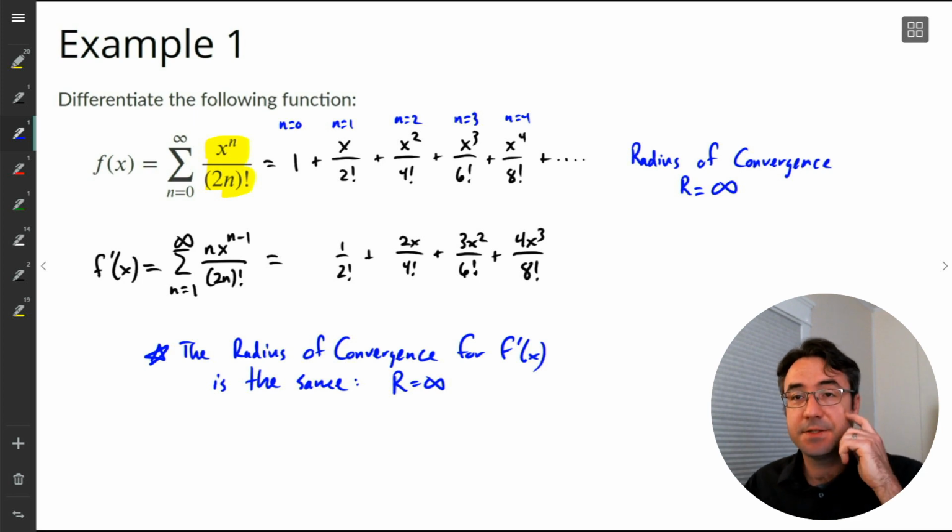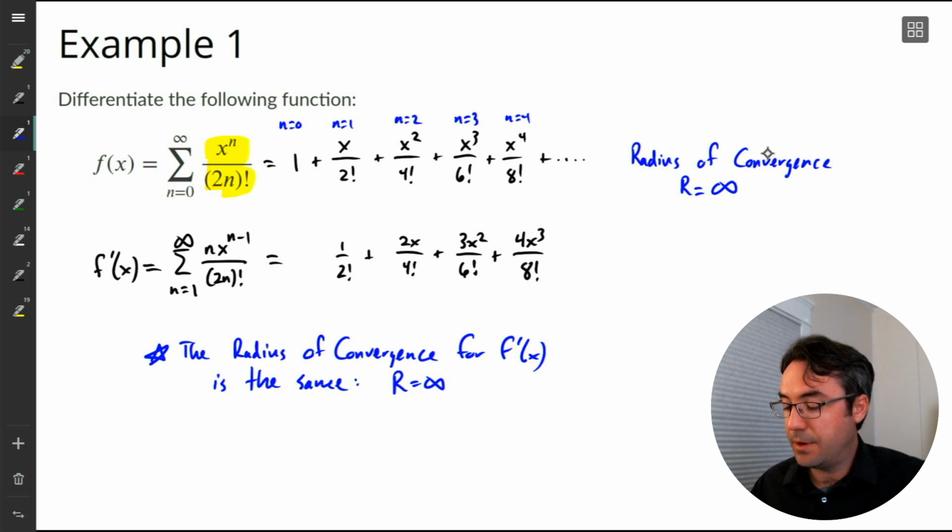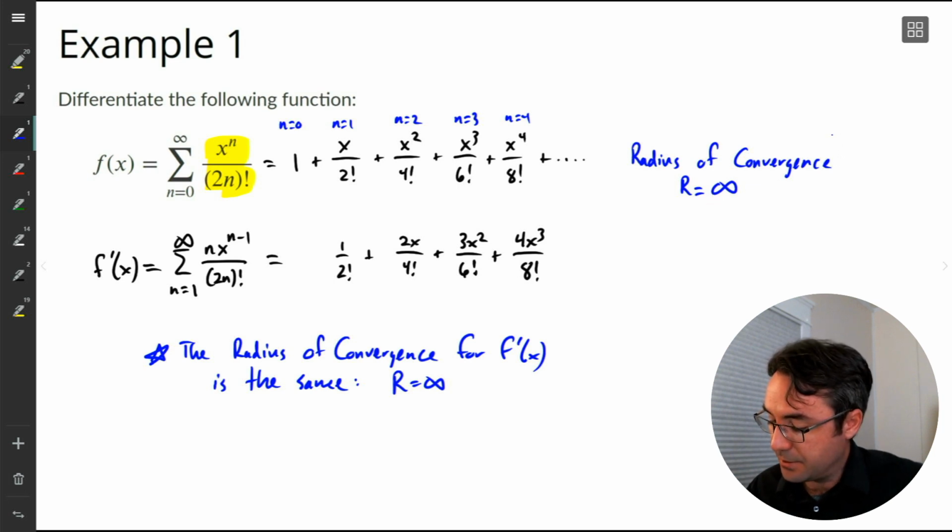That's because our previous result said that the radius of convergence doesn't change when we differentiate. So our original function had a radius of convergence, and our derivative has the exact same radius of convergence. Another way to think of an infinite radius of convergence is the power series converges for all x values.